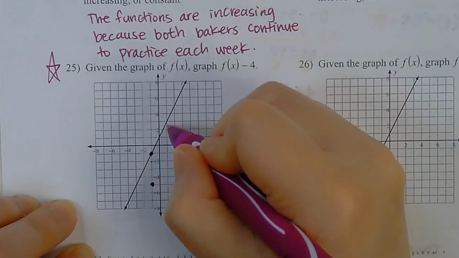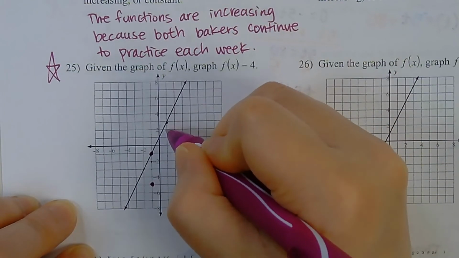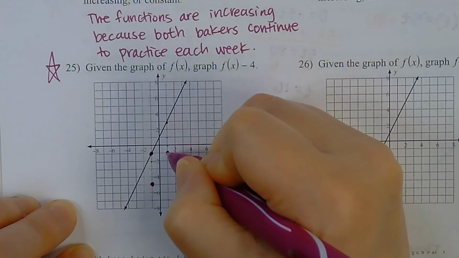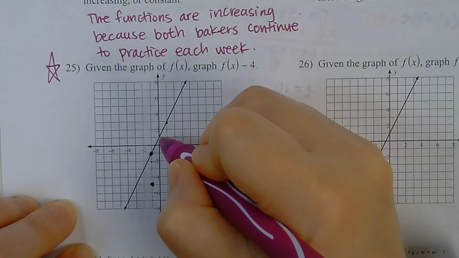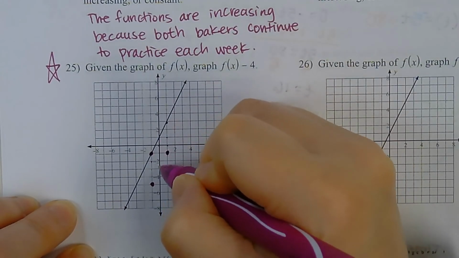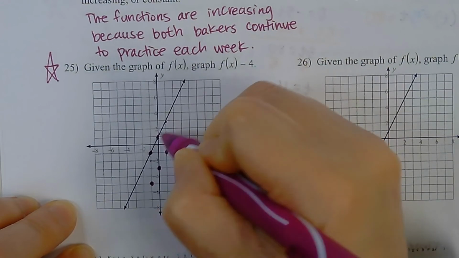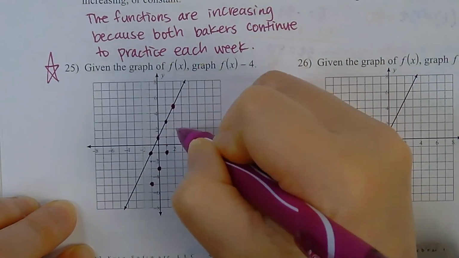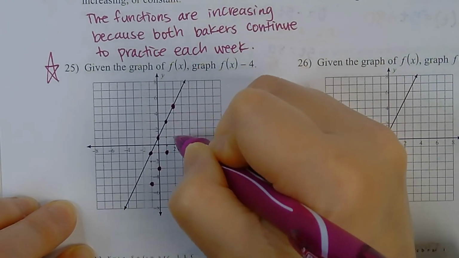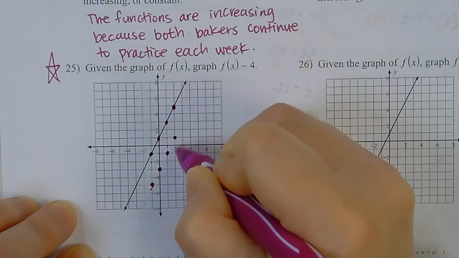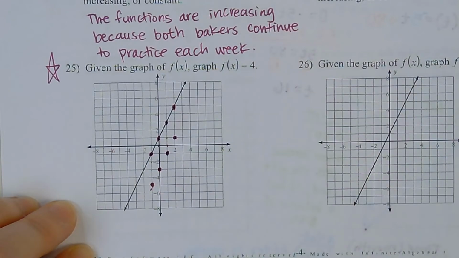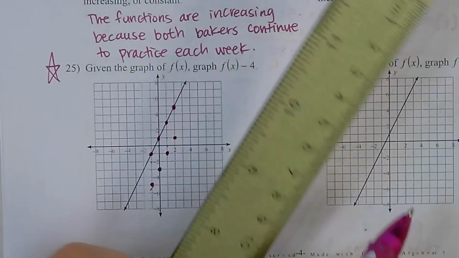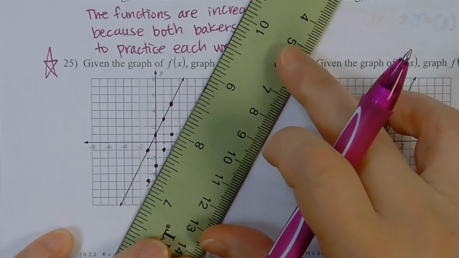Take another point like this one, 1, 2, 3, 4 down. So all these points that are on the line, go 1, 2, 3, 4 down. Do you see how it forms another straight line? They should be parallel. If they're not parallel, we're doing something wrong.